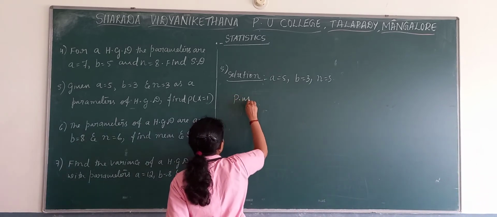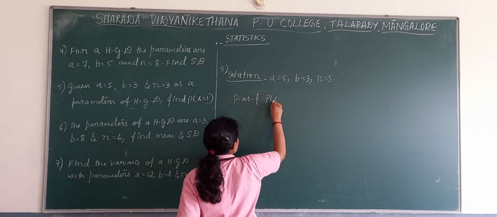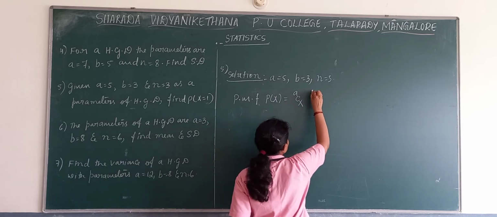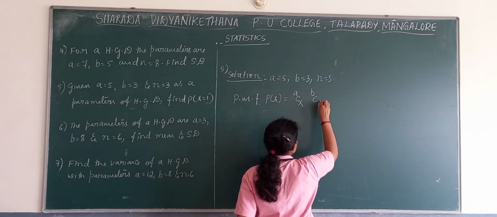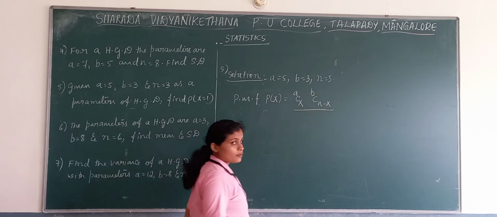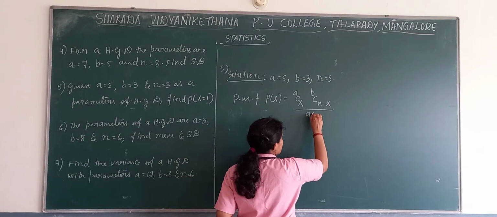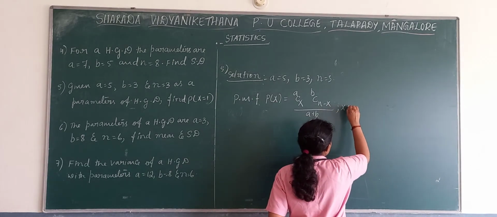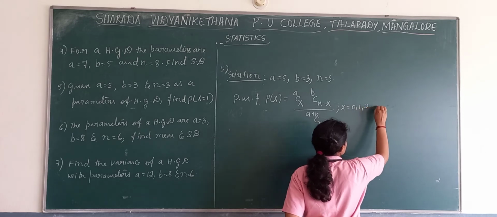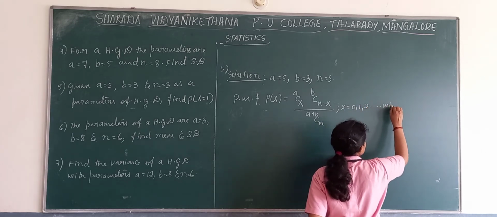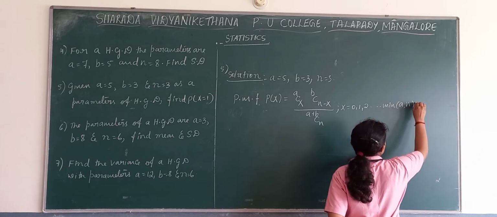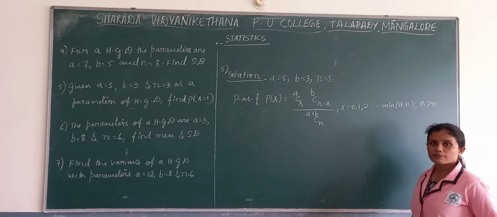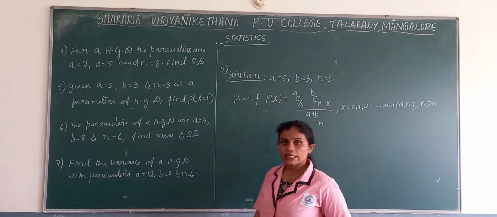The probability mass function is P of x is equal to aCx into bC(n minus x) divided by (a plus b)Cn, where x is equal to 0, 1, 2 till minimum of a comma n, and n is greater than 0. This is the probability mass function of the hypergeometric distribution.